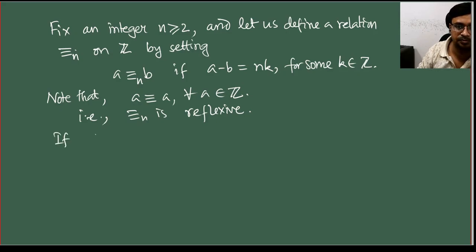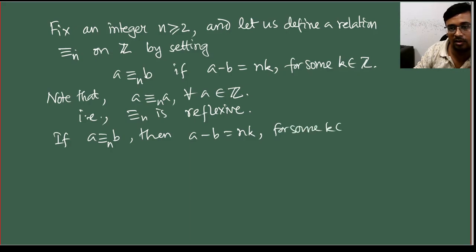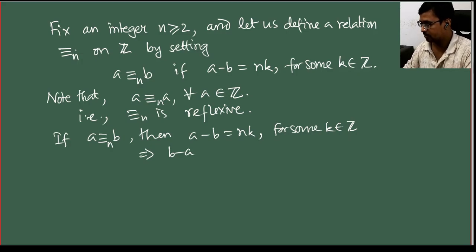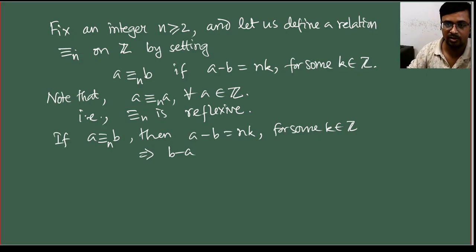If a is congruent to b mod n, then a minus b equal to nk for some k belonging to Z. This gives b minus a equal to n times minus k.